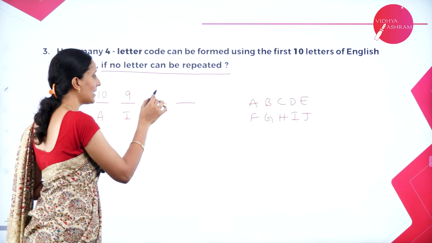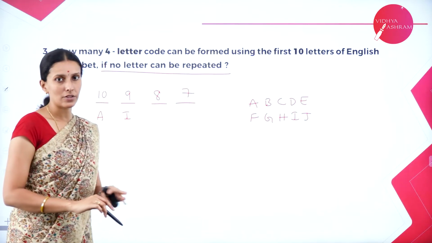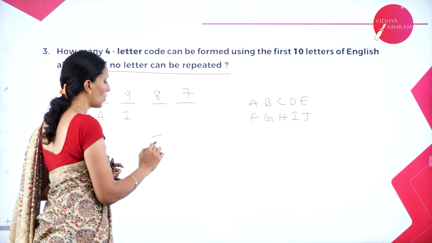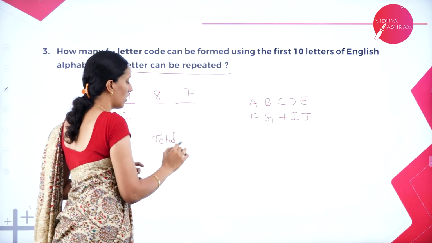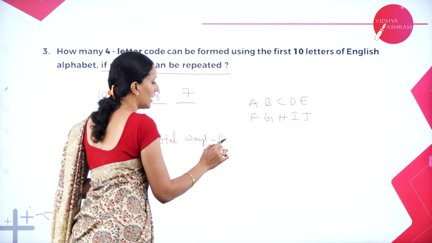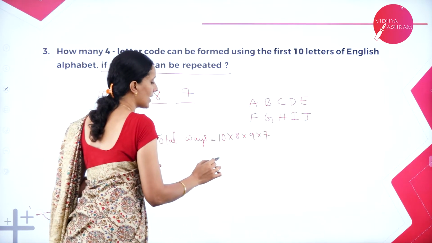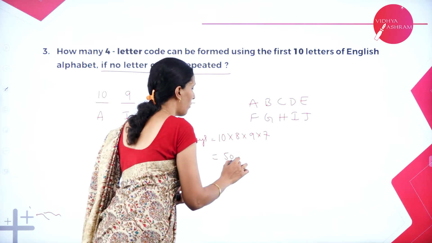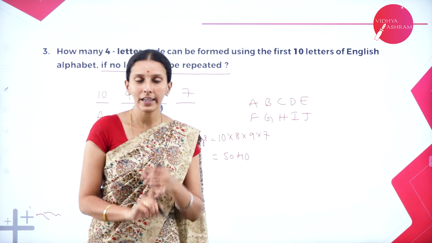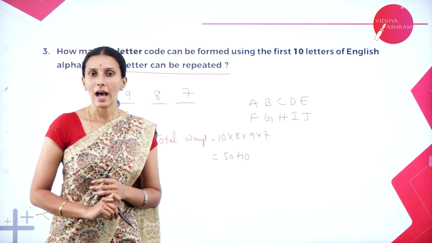Now I have only 8 chances. Similarly, I have only 7 chances for the last one. So how many 4-letter codes can be formed here? The total ways will be 10 into 9 into 8 into 7. That is actually 5040. So I can form 5040 codes using the first 10 letters of the alphabet.